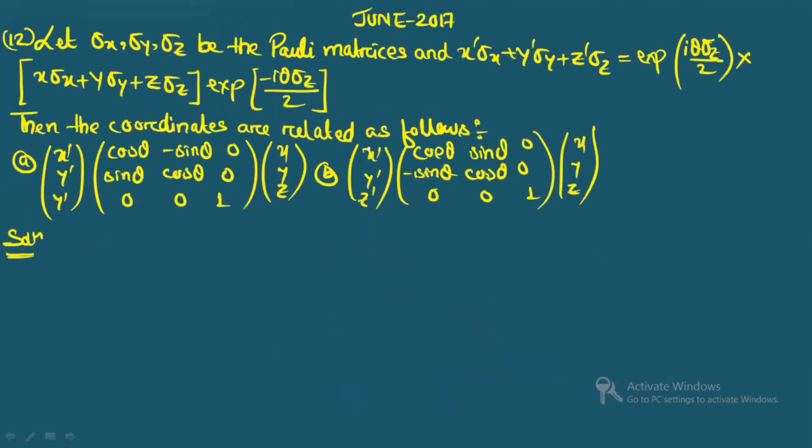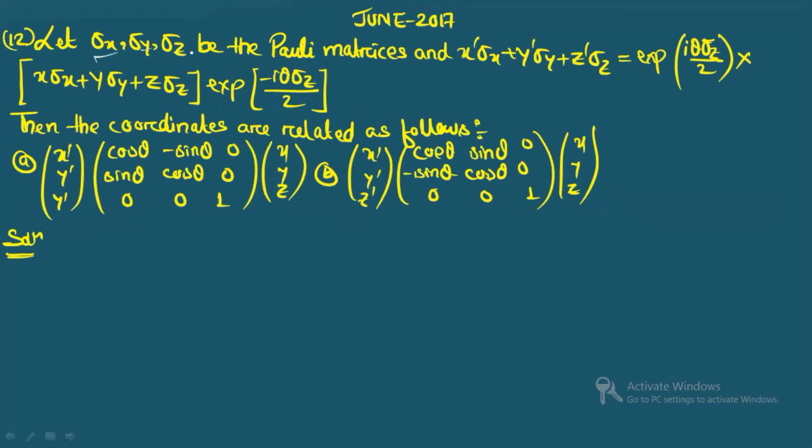So here it is said, let sigma x, sigma y, sigma z be the Pauli matrices, and x prime sigma x plus y prime sigma y plus z prime sigma z equals exponential of I theta sigma z by 2 into x sigma x plus y sigma y plus z sigma z into exponential of minus I theta sigma z by 2.